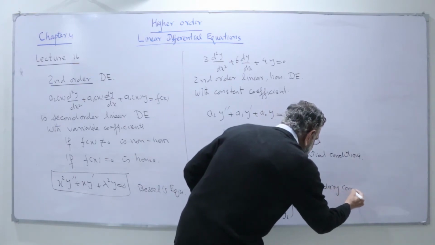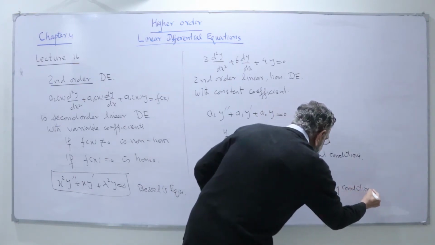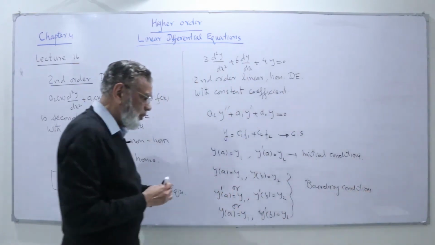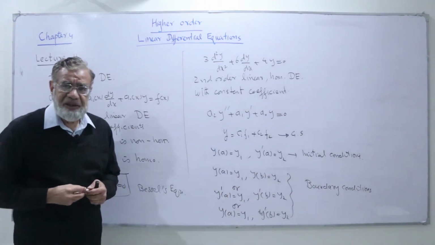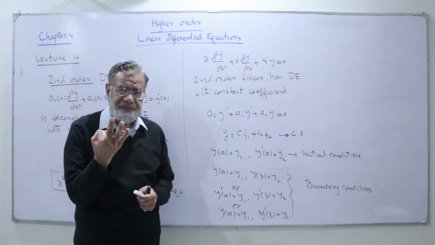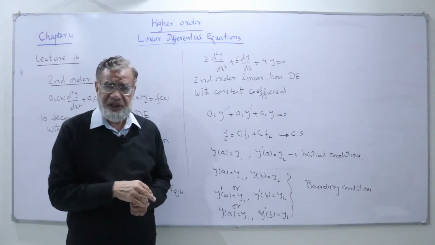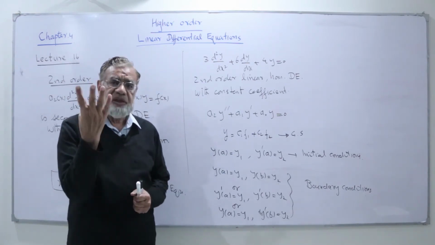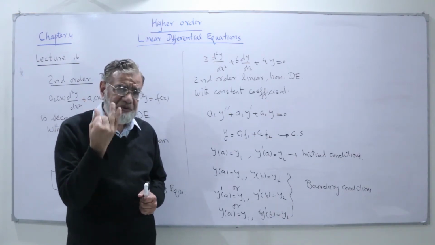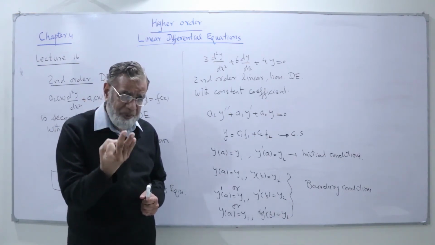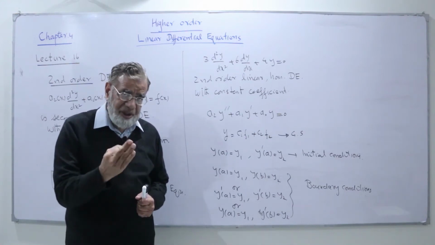Boundary conditions are defined at two different points. In a second or third order differential equation, we need three conditions. If defined at one point, they are initial conditions. A third order problem can have conditions at 2 points or 3 points. Anyhow, if more than one point, we call them boundary conditions.